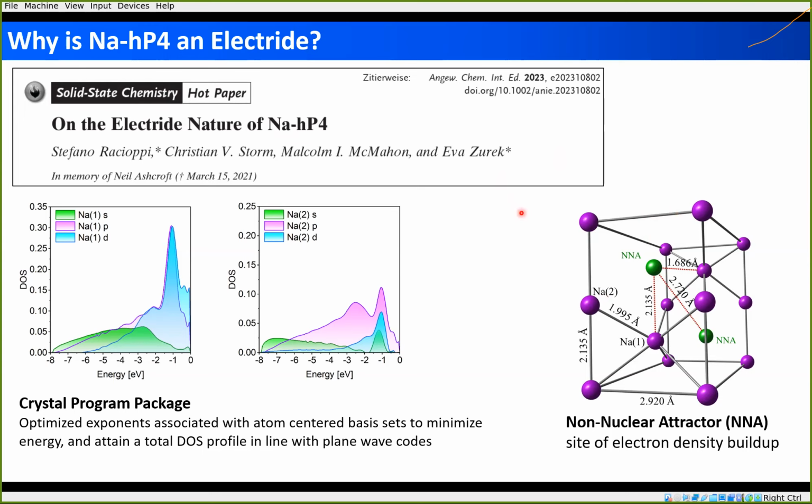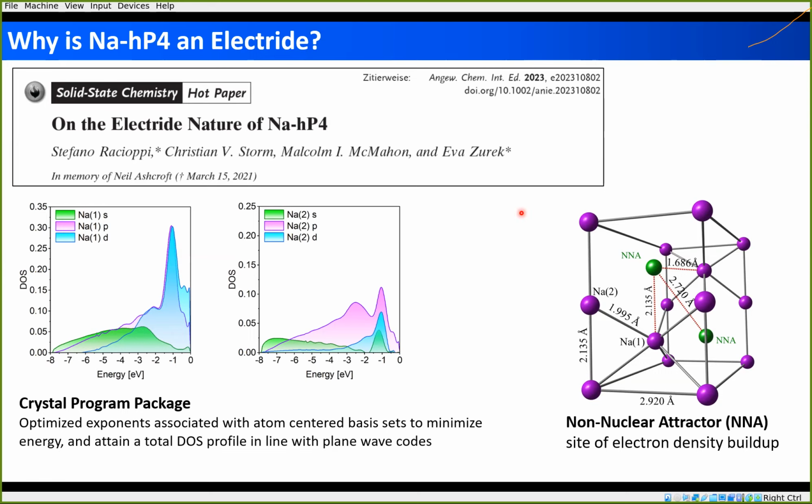And because of that, what we have done is we turned to using the CRYSTAL program package, where we optimized a basis set for sodium. We optimized some of the exponents in the Gaussian basis to try to get a density of states profile that was matching up with what you would get with plane wave codes, and also minimizing the energy.